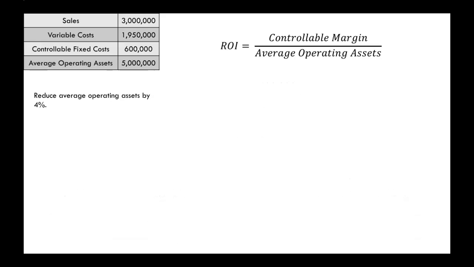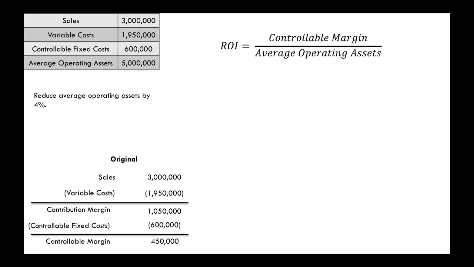Now our last piece here is reducing average operating assets by 4%. So we have our original information over there, but this time we need to think about our average operating assets. They were 5 million. We're thinking about reducing them by 4%. So we take 4% of that 5 million. Leaves us with 200,000. So we need to reduce our average operating assets by 200,000.